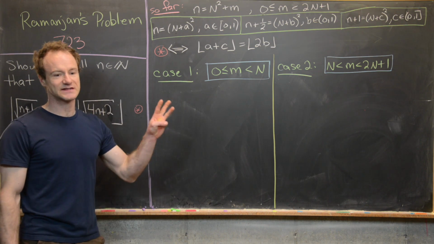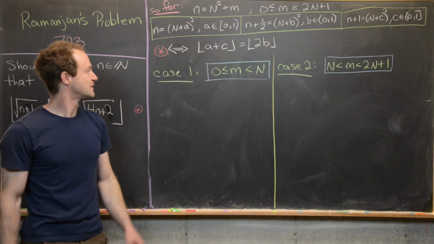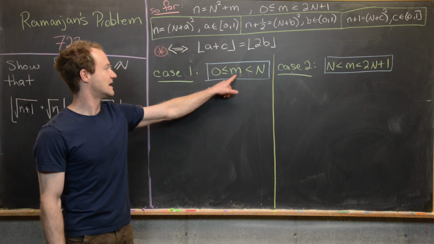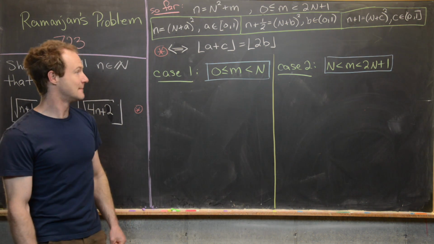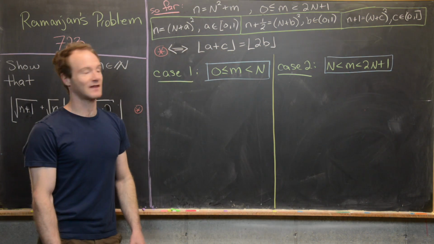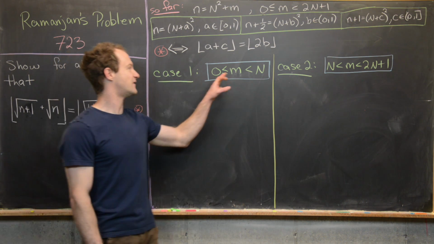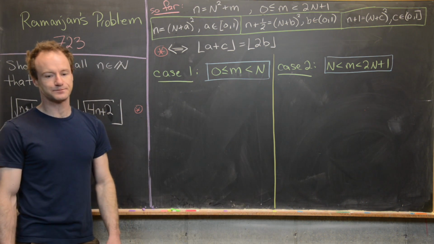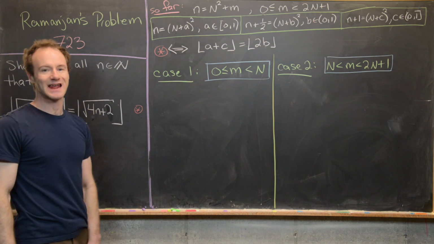And now we're going to break this down into 3 cases depending on this number m. So the first case is if m is bigger than or equal to 0 but less than N. And the second case is if m is bigger than N but less than 2N plus 1. And then obviously the third case will be if m is equal to N. So these cases are pretty short, and they both rely on the same observation.